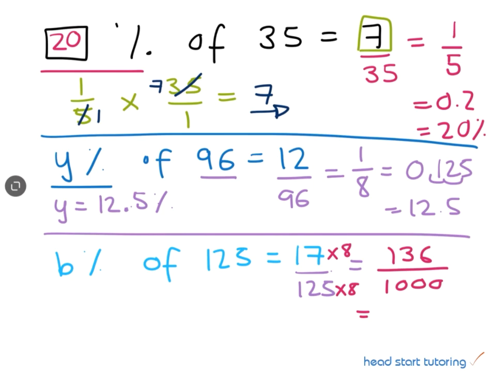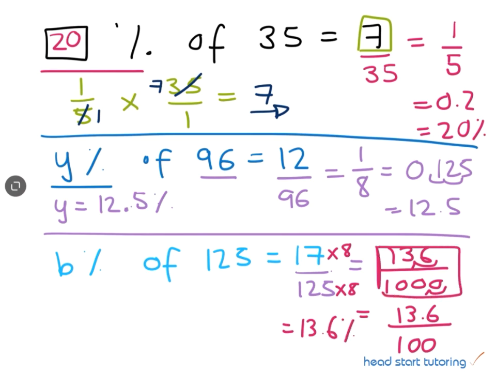And 136 over 1,000, we can actually convert this straight into a percentage by dividing both 1,000 and 136 by 10 to get something over 100, and we end up with 13.6 over 100, or 13.6%. And if we were to convert 136 over 1,000 into a decimal first, it would be 0.136, and then we would multiply that by 100 also to get 13.6%.